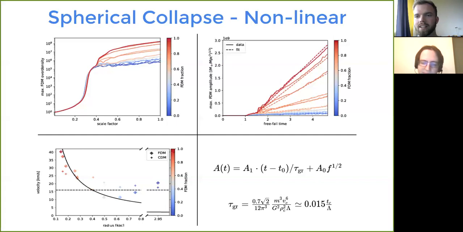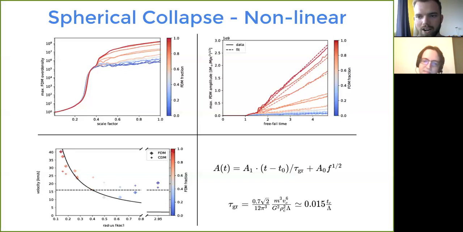we have a stronger increase for larger fractions of fuzzy dark matter. And interestingly, even though we are already at velocities up to a factor of 3 larger than the virial velocity, we don't see any slowdown in the growth of that soliton. I mean, that's something that would definitely be interesting to look at in the future, to let those simulations run further and see at what time there is a saturation.